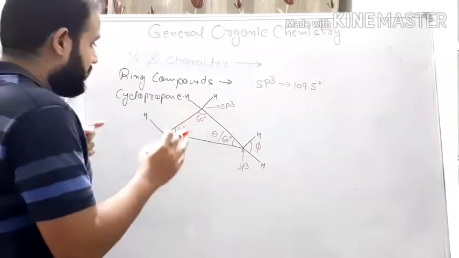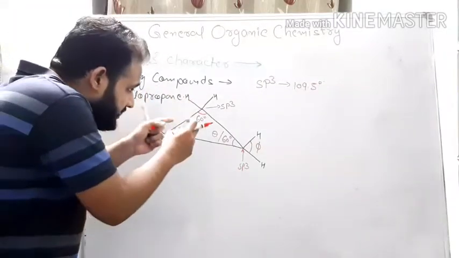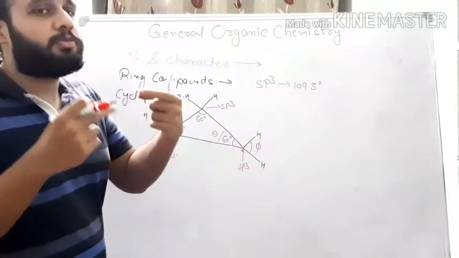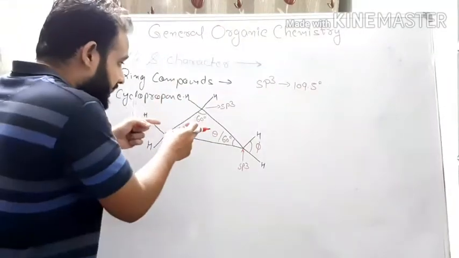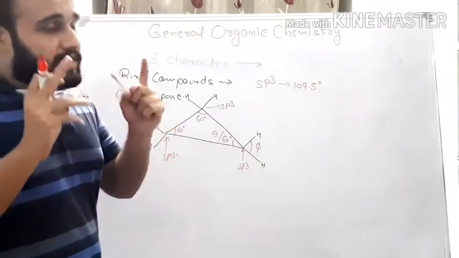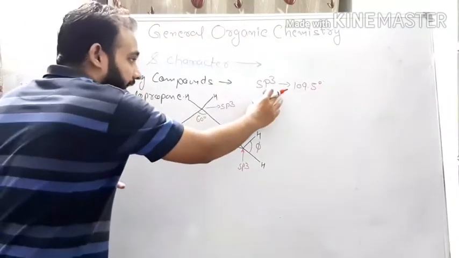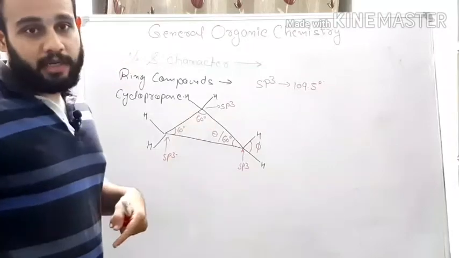So in this compound the bond angle that should be maintained is 109.5 degrees. But as you see in cyclopropane, there is a difference between the ideal bond angle and the actual bond angle.